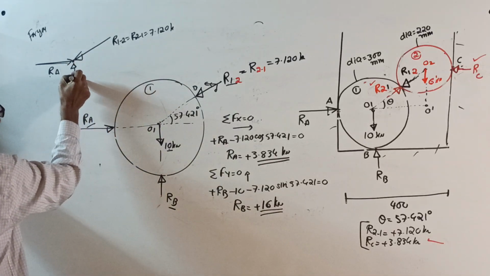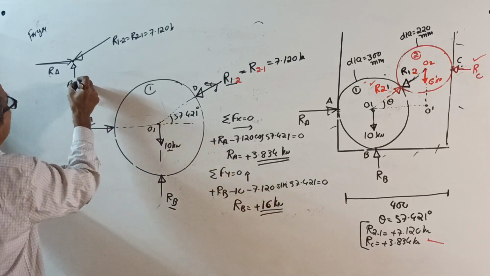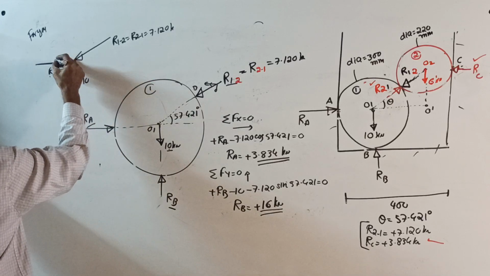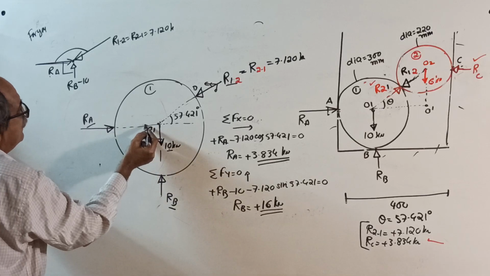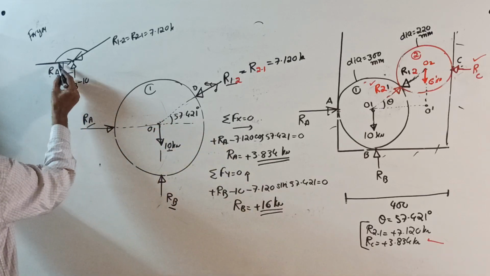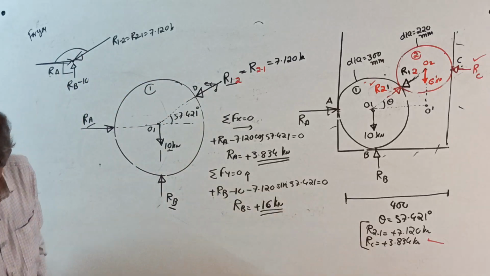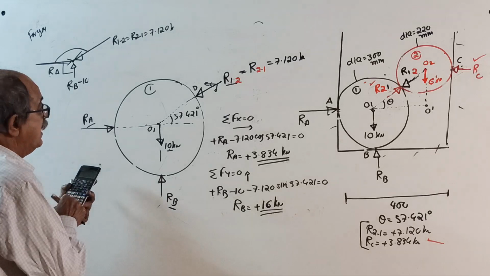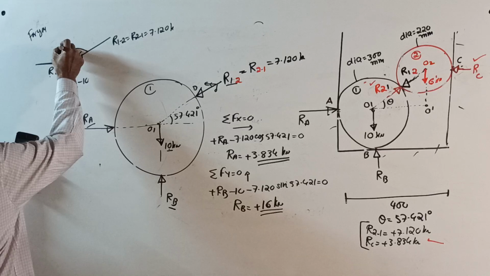Put this one as RB minus 10, and then this is 90. This angle will be 180 minus theta. 180 minus 57.421 is 122.579 degrees.